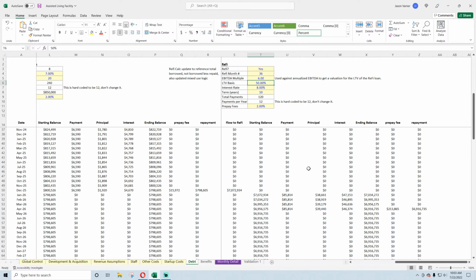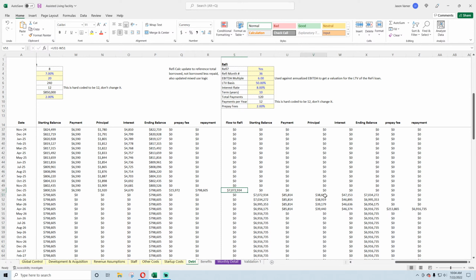Now here's where the trick comes in. Remember, I was going back and forth between 50%, 100%. It wasn't exactly half. I'm like, what's going on here? Well, it was doing the amount less the balance of the initial loan. Instead, what it should be doing is the whole amount that you get from the refi comes in here.